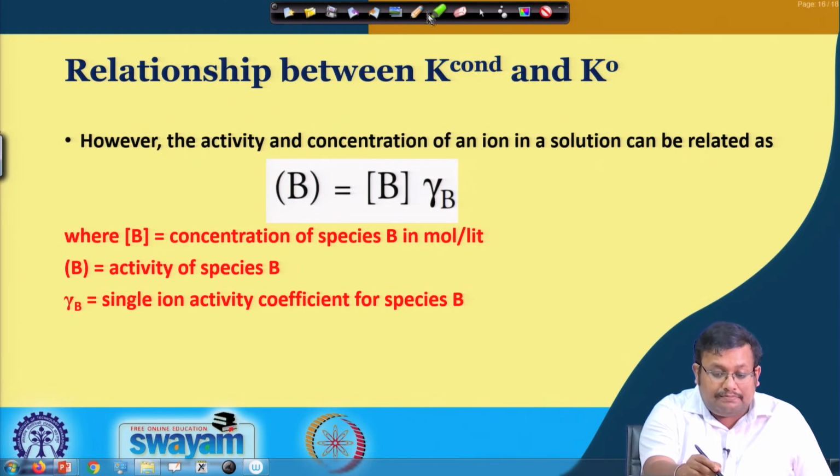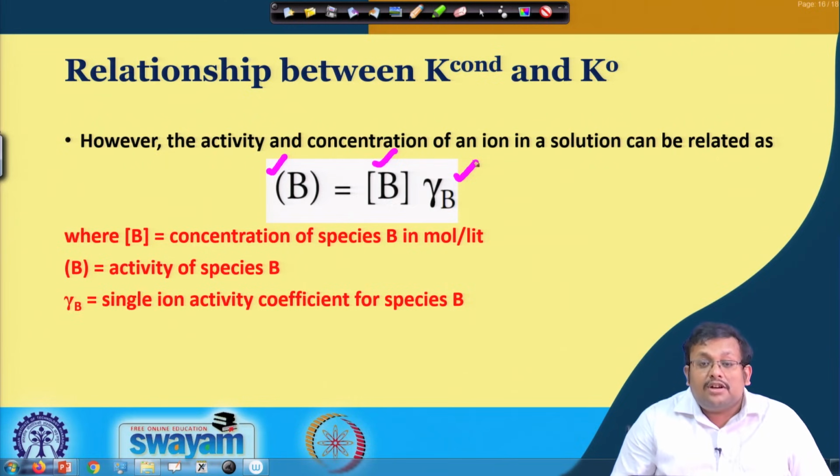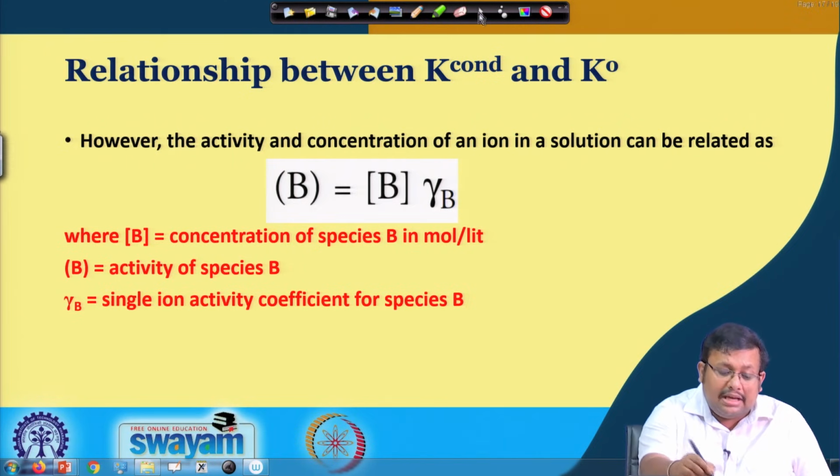The activity of a particular ionic species is the concentration of that ionic species in the solution in moles per liter multiplied by its single ion activity coefficient. So, if we multiply the concentration of a specific ion in the solution by its corresponding ion activity coefficient, we get the activity of that specific ion.